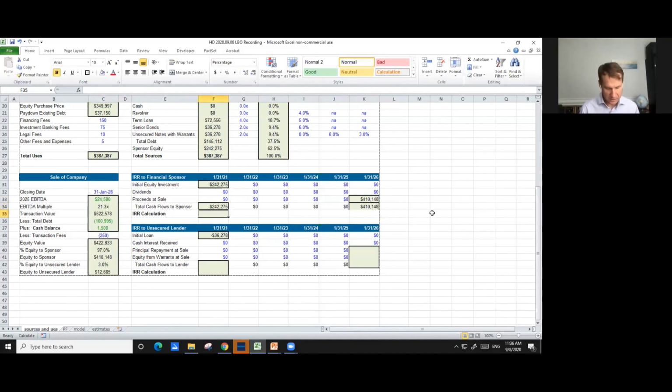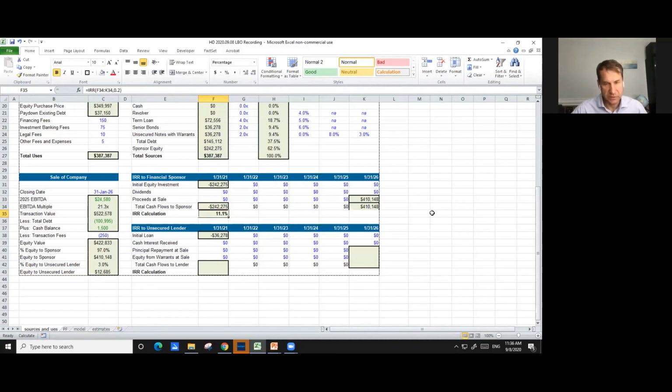And then IRR will be IRR in Excel. Highlight the values. I guess we've got to guess, maybe 0.2 would be good. So it's an 11% IRR.